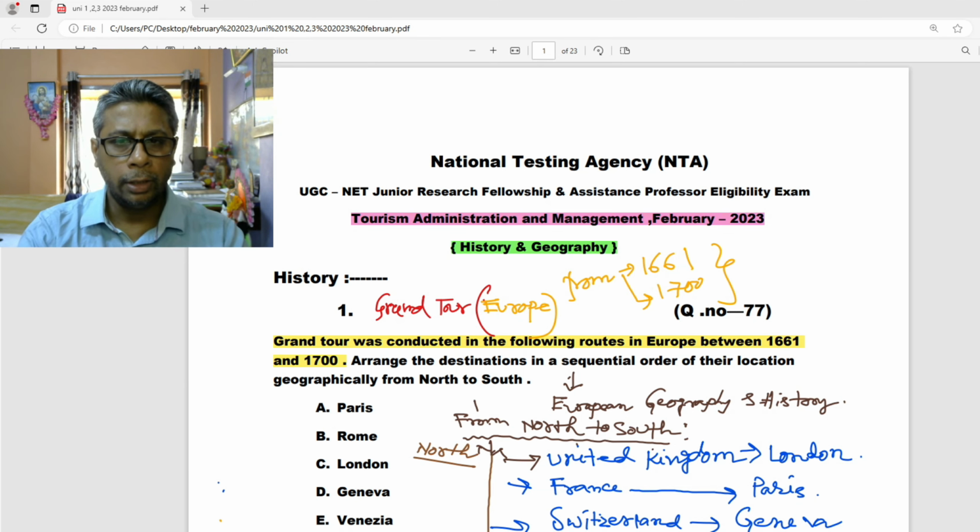Today, we are going to discuss units 1, 2 and 3. The question paper is based on February 2023. Out of 100 questions, I have segregated and identified units 1, 2 and 3 for the first part.